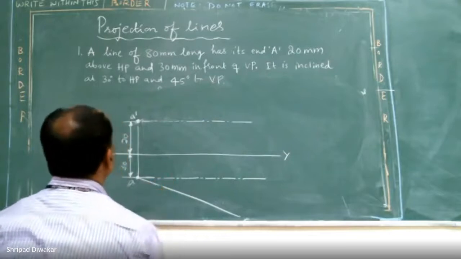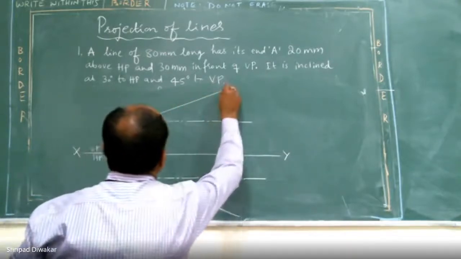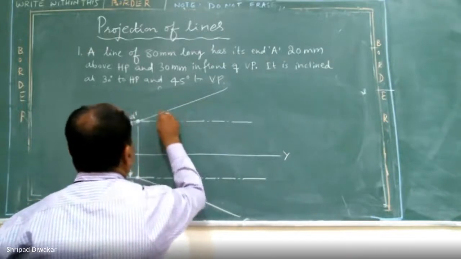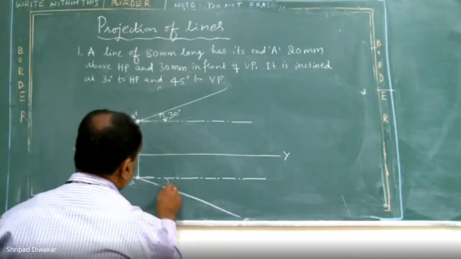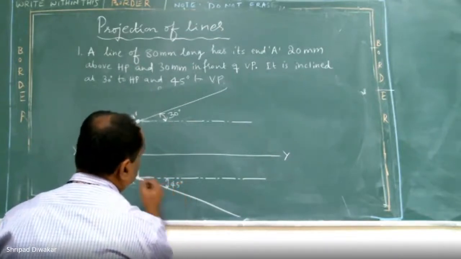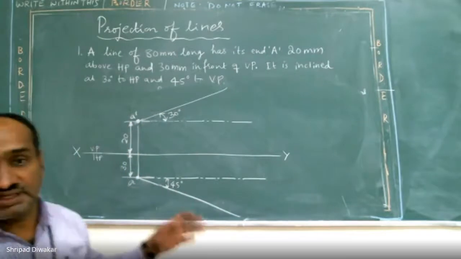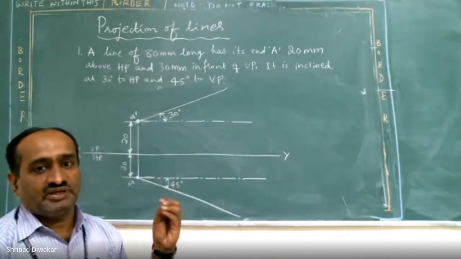Next step, it is inclined at 30 degree to HP. So you take 30 degree line with respect to HP. And you have to take 45 degree with respect to VP. Please make a correction: 30 degree to HP and 45 degree to VP. Understood?